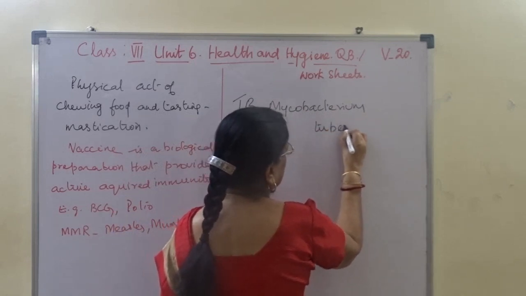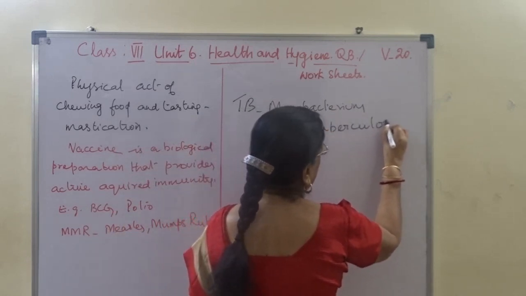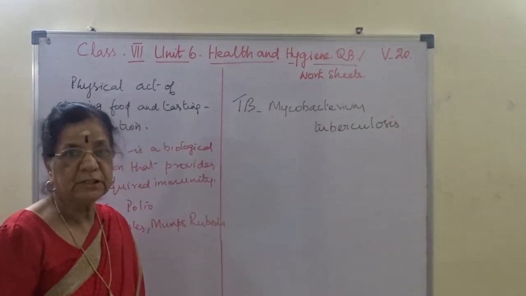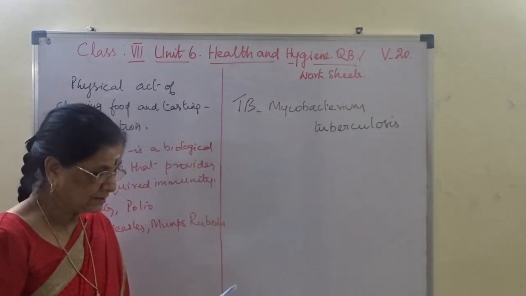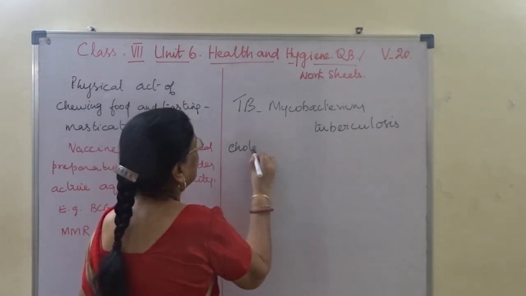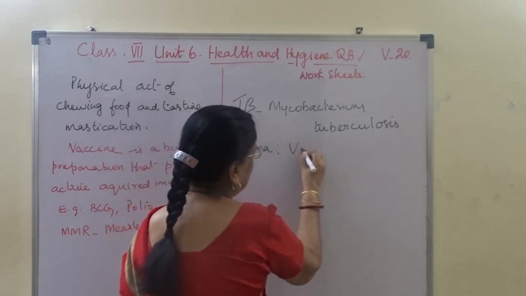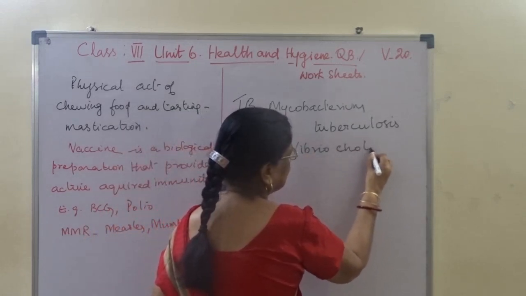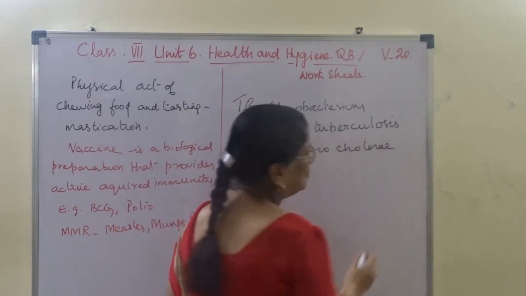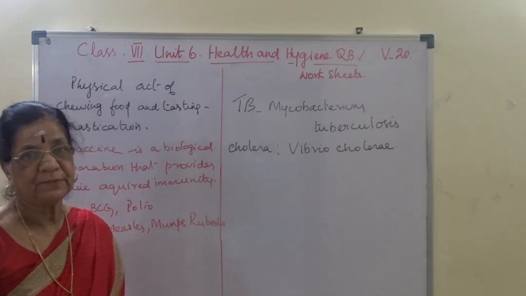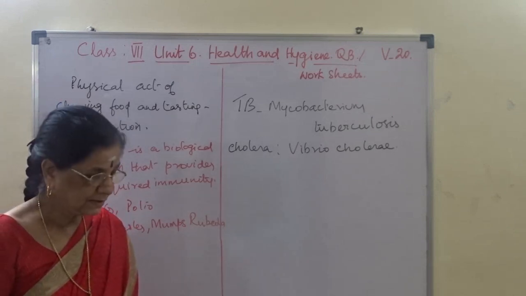That is the name of the bacterium. Bacteria is plural, bacterium is singular. Right? The next one, cholera is caused by Vibrio cholerae. Vibrio is a comma-shaped bacterium. Both of these are bacterial diseases.